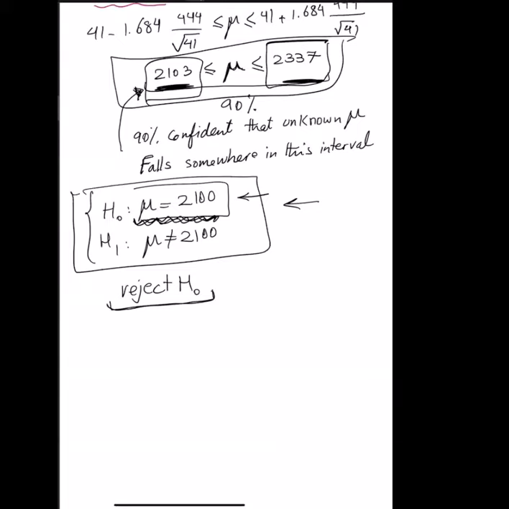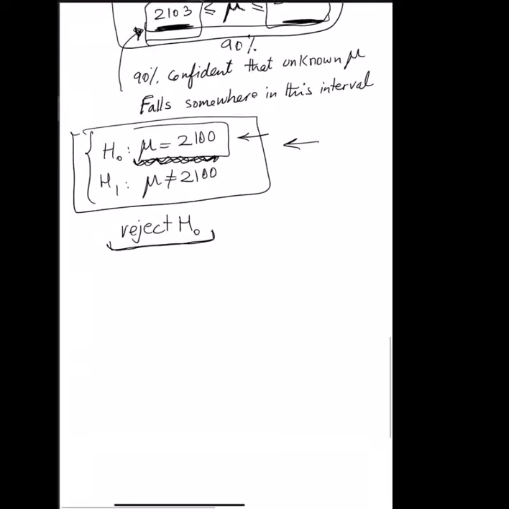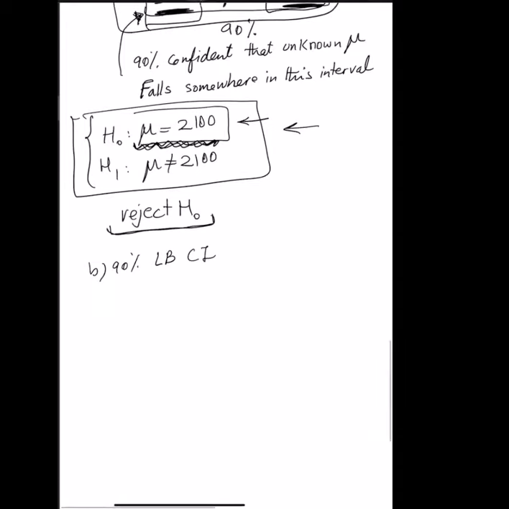Okay, then we want to construct a 90% lower bound and upper bound. So I'm just going to do one of them for the sake of time, but the other one is similar. So if we want to do a 90% lower bound confidence interval, that's x bar minus t of alpha, n minus 1, times s over square root of n.